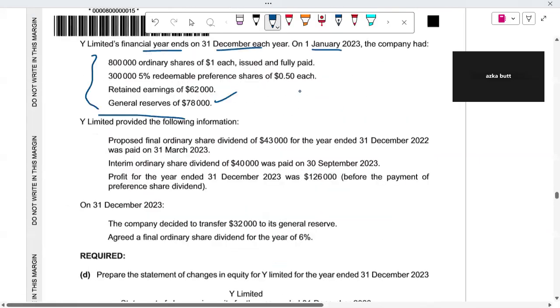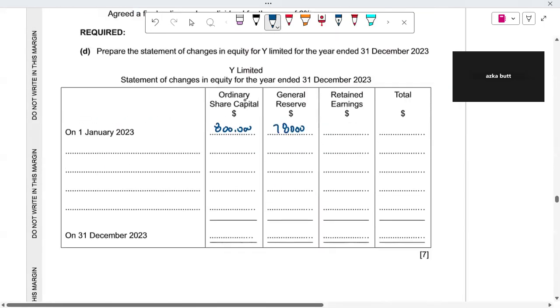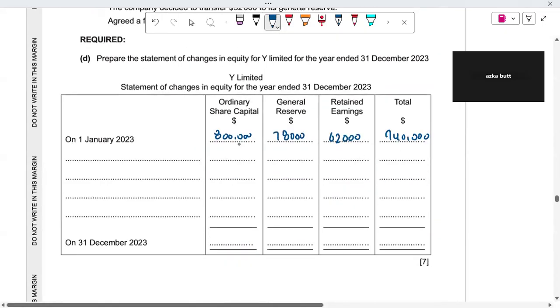And we have the retained earnings, which is $62,000. So 800,000 plus 78,000 plus 62,000. So we have the total amount in opening balance, which is 940,000. So first of all, let's see what is the profit for the year.